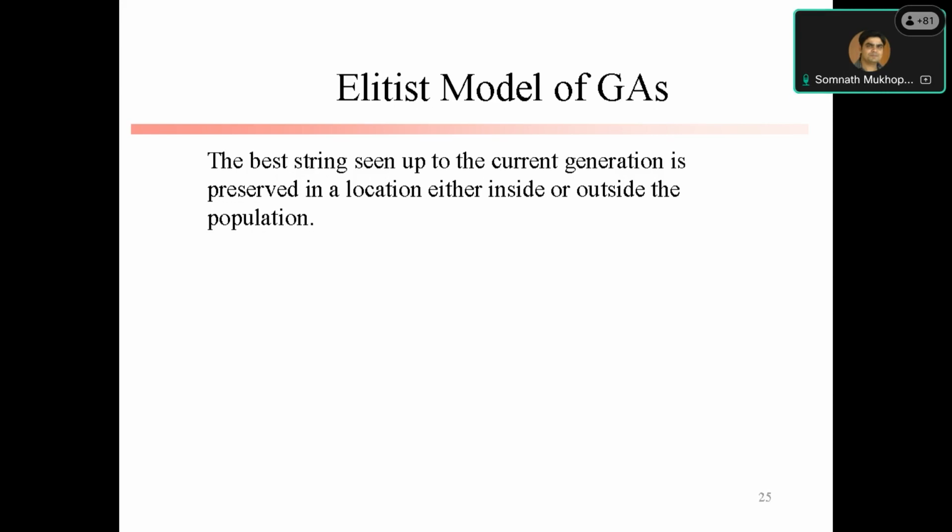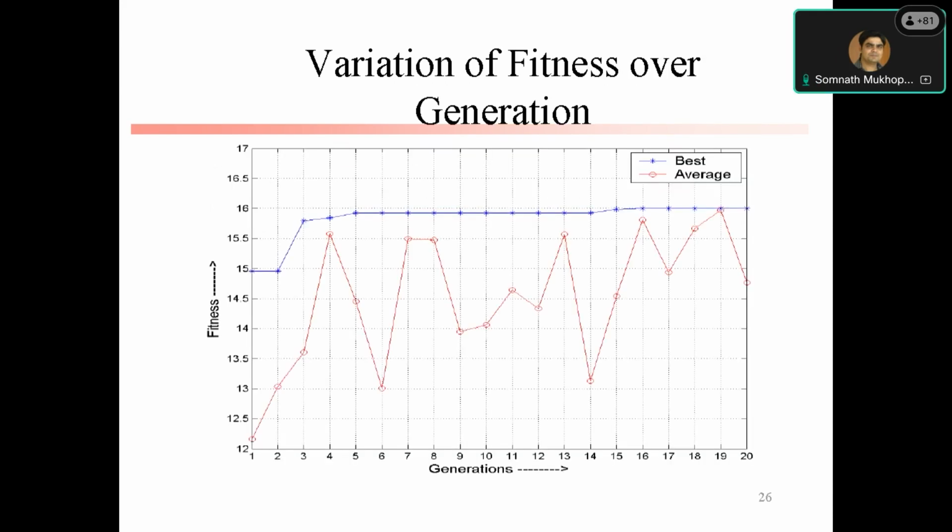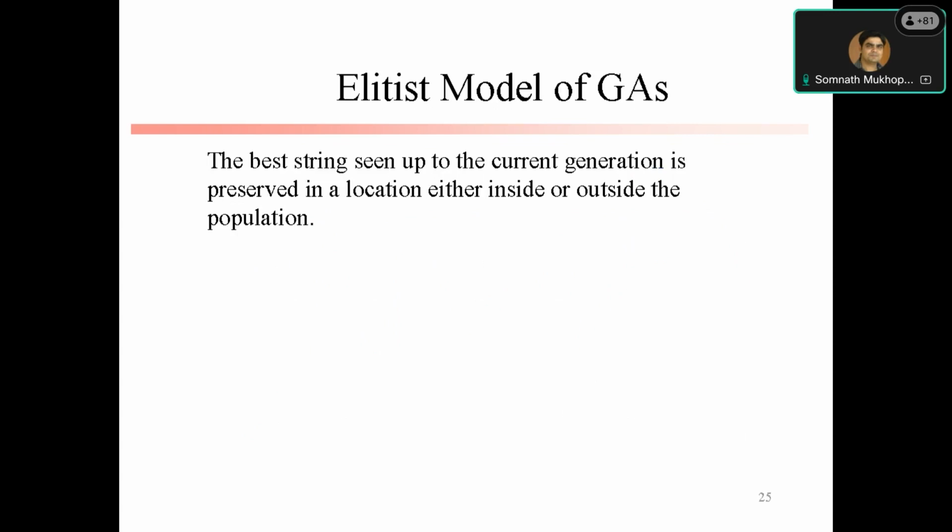The best solution of the current generation is preserved outside the population, and at the next iteration we also find the best chromosome, and we compare these two, the best of previous and the best of current.